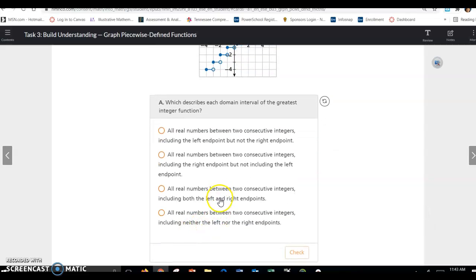Well, it doesn't include both, it only includes the left. And all real numbers between consecutive integers, including neither the left nor the right. So the first one is the correct answer. All real numbers between two consecutive integers, including the left because it's a solid circle, but not including the right because it's an open circle.